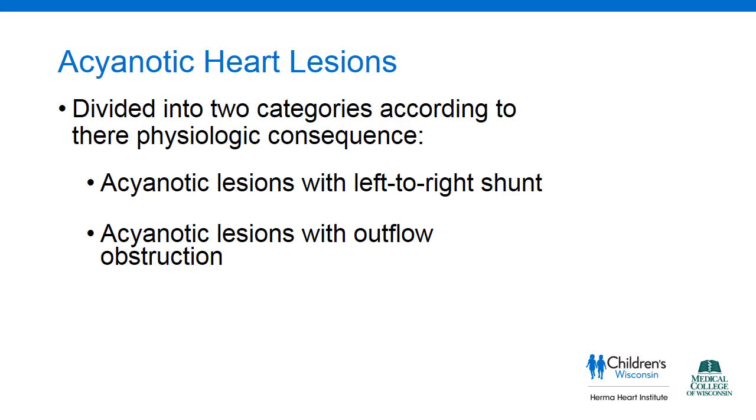First, we're going to talk about acyanotic heart lesions, and you can divide those further into physiologic consequences of the two. So we're going to go through acyanotic lesions with left to right shunt and acyanotic lesions with outflow tract obstruction, and we'll talk about a few examples of each.